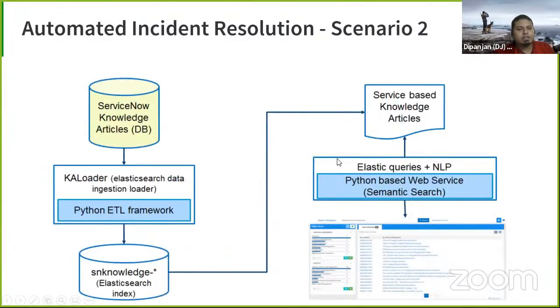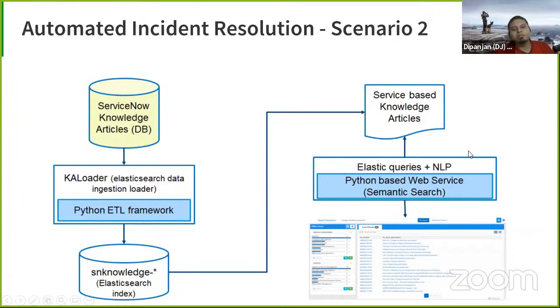And the last one is the unsupervised scenario, where I am not building any supervised model, but basically I am having an ingestion framework where I am dumping each and every incident description and the corresponding knowledge article which was used to close that ticket.